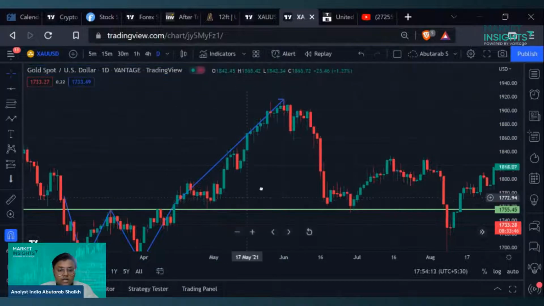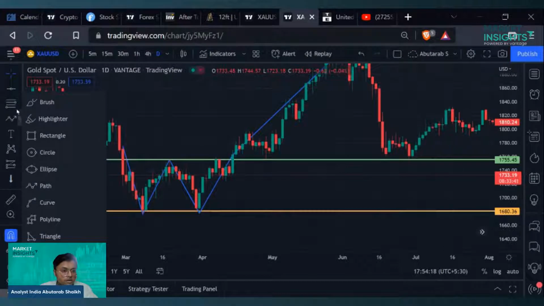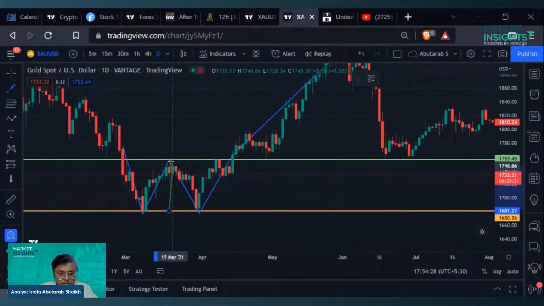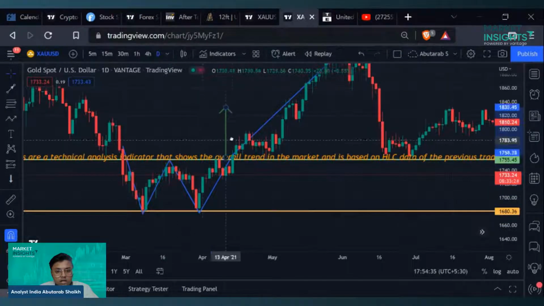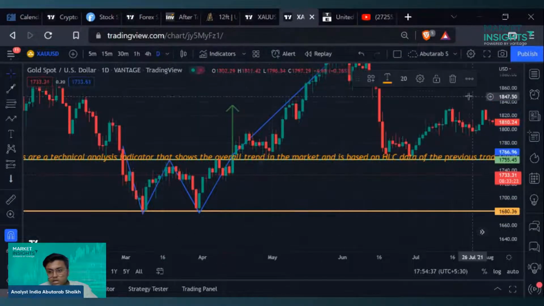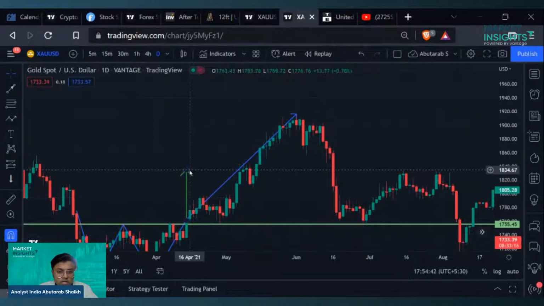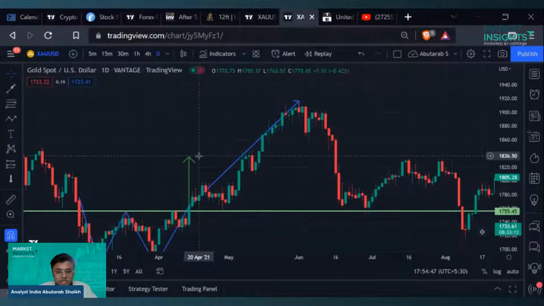Now one thing that most of the people won't know is that in a double bottom pattern, the distance between this line, the support line, and the neckline is going to be the target. When it first breaches this candle, I'll be keeping my target at this level.